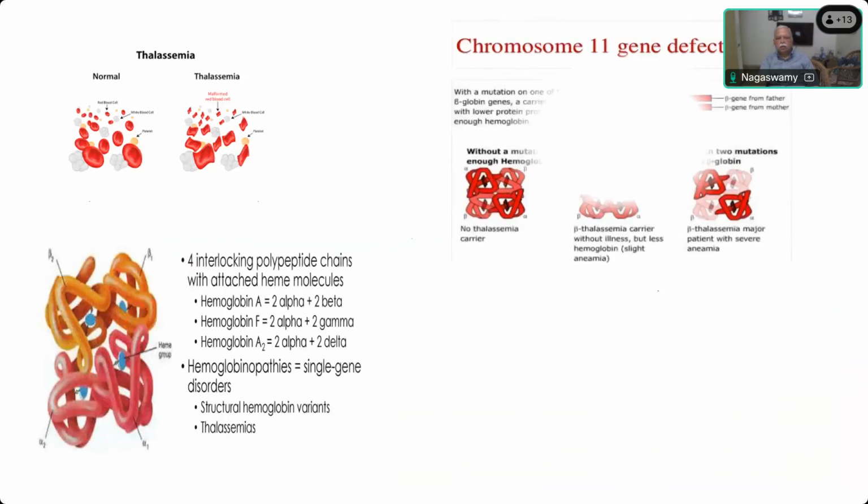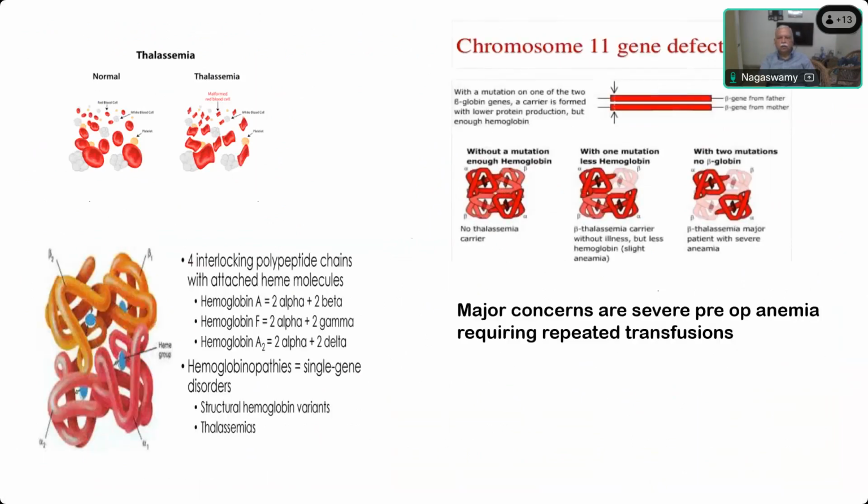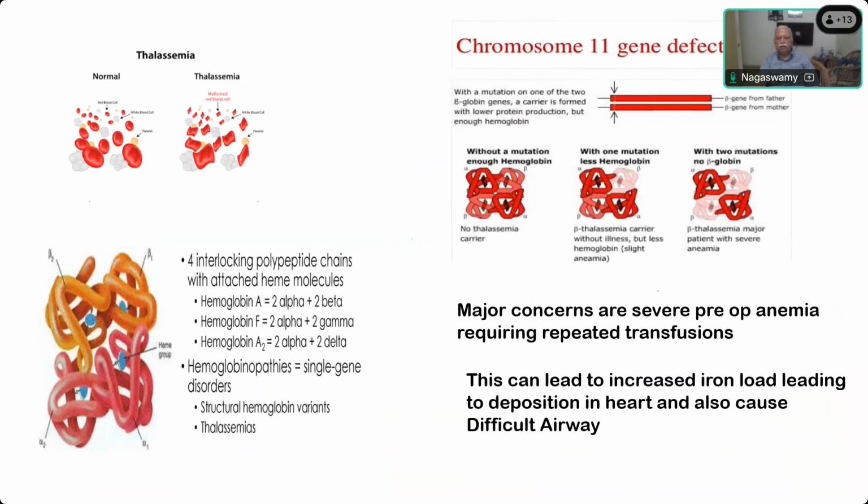Thalassemia is another hemoglobinopathy where chromosome 11 is defective, and this causes either absence or mutation in the globin chain. Mostly that is the problem here, and this can lead to increased iron loading.